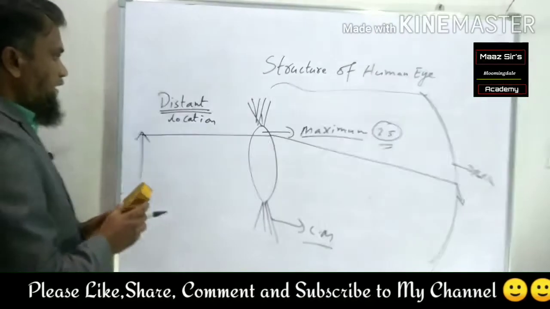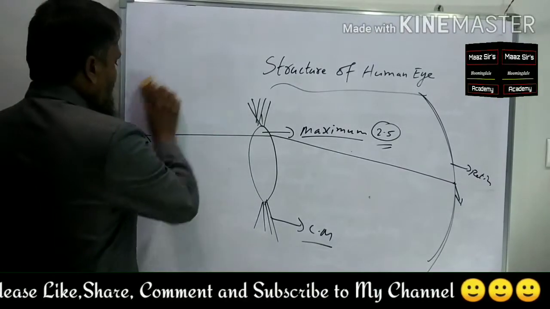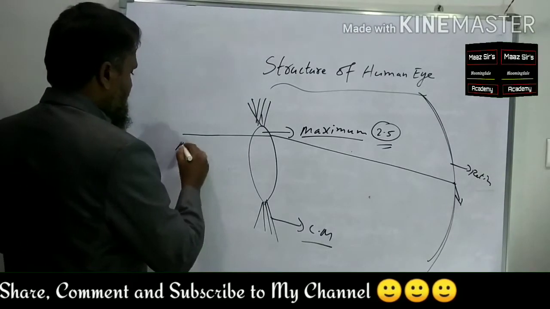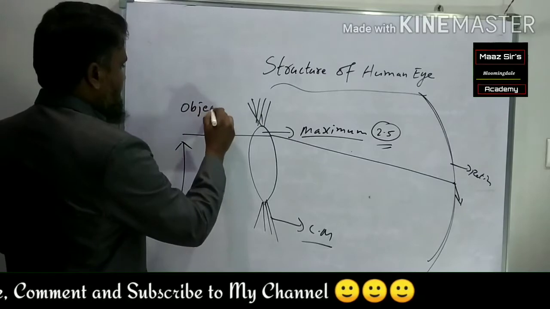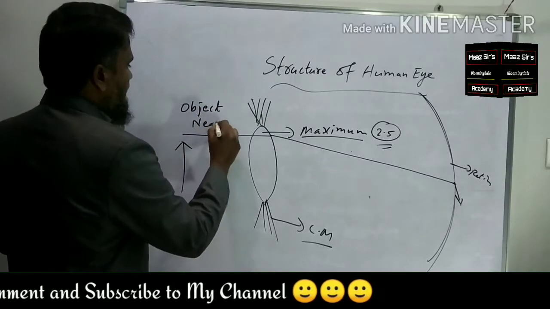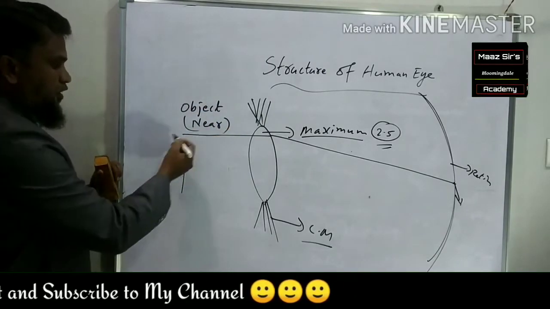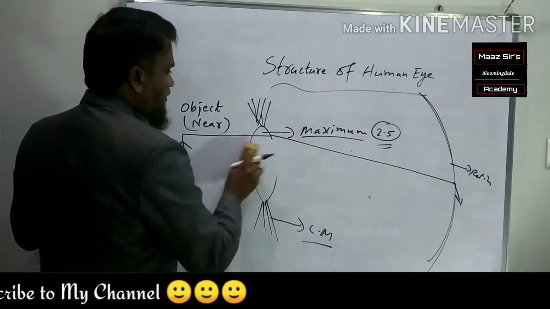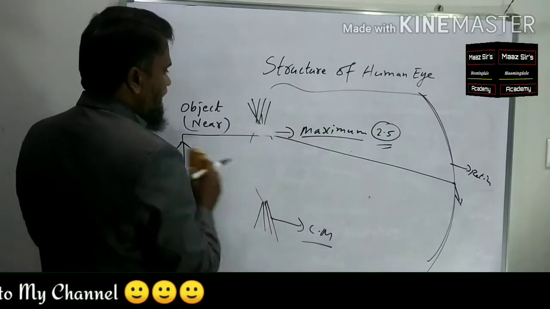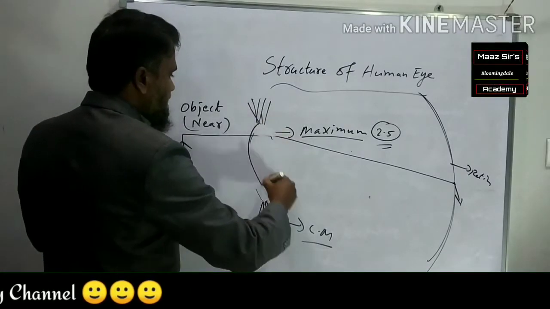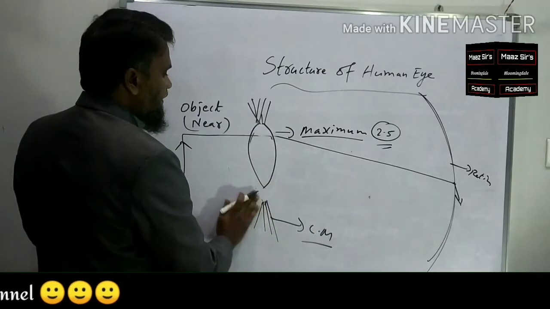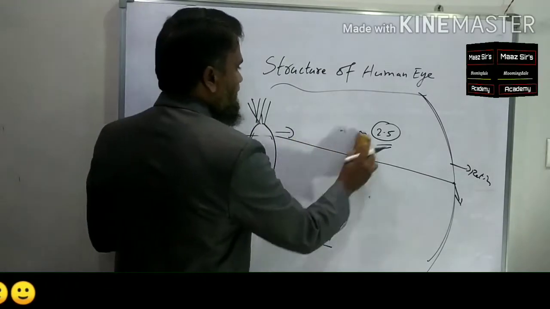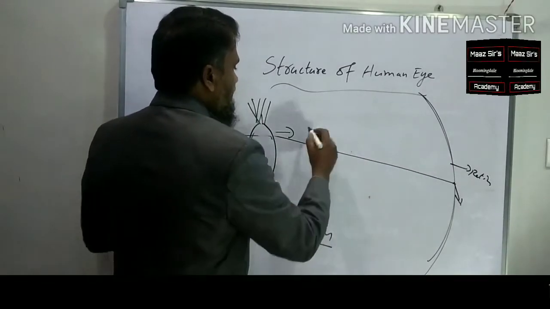For example, if the object is near, so what happens here? When the object is near, what happens to the focal length of this lens? It decreases. It was maximum. Now the focal length decreases.